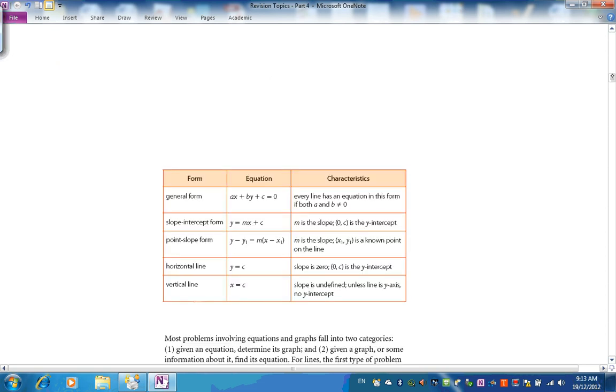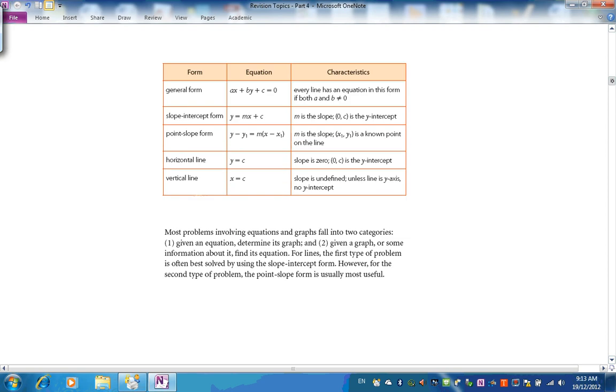Let's move on and have a look at the various equations or forms of the equation of a straight line. The general form, what we just referred to there, ax plus by plus c equals 0. And you can put every equation in that form if you want. Notice that a and b wouldn't be 0 there if you wanted an equation of the general form of a straight line.